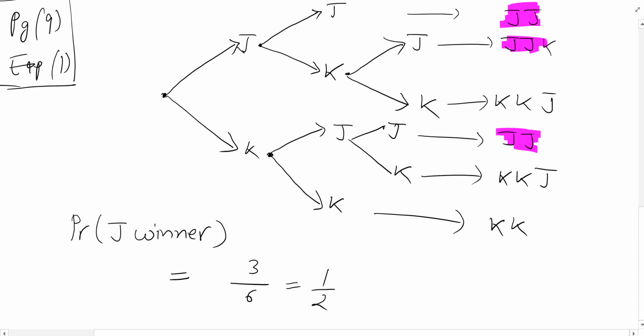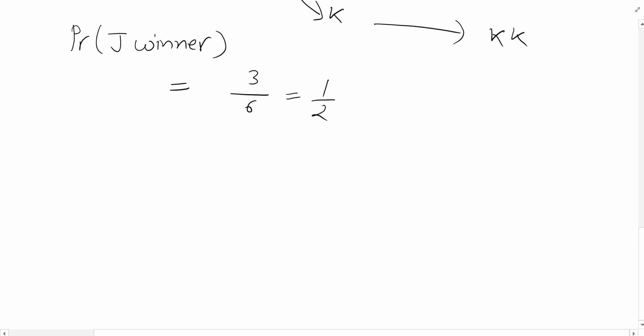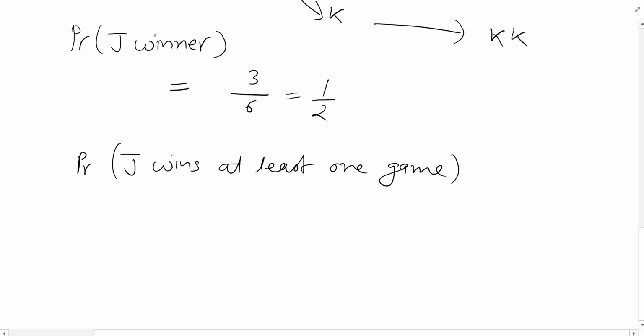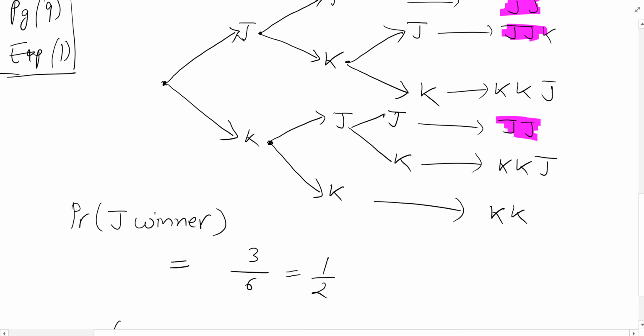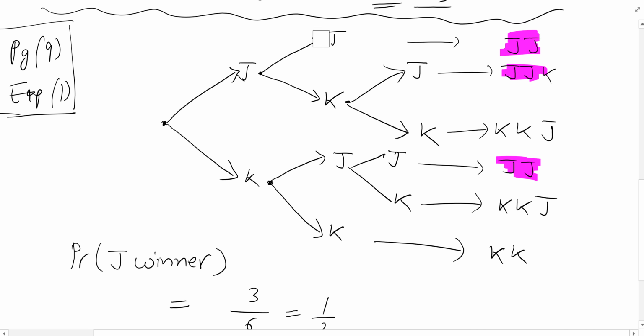But now the question is, they may ask you, what is the probability that Jennifer wins at least one game? What are you going to do in this case? There's only one case when we don't have J, right?